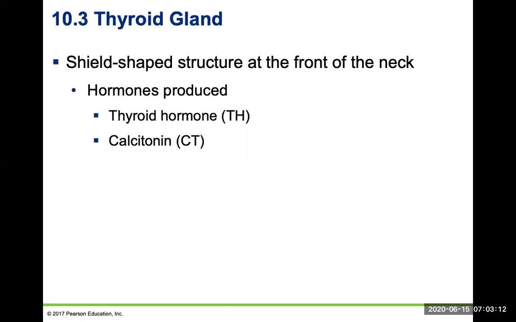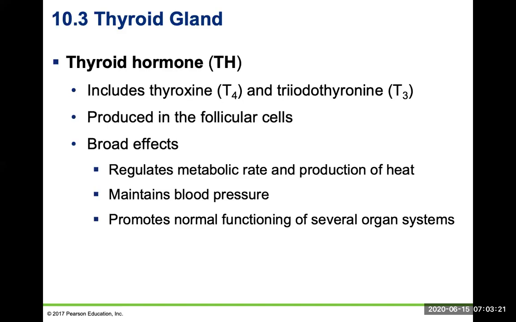The thyroid gland is shaped like a shield or a heart in the front of your neck. It produces thyroid hormone and calcitonin. Thyroid hormone includes T4 and T3. The broad effects of thyroid hormones, they do a lot in the body, and if your thyroid hormone levels are off, you can really feel it.